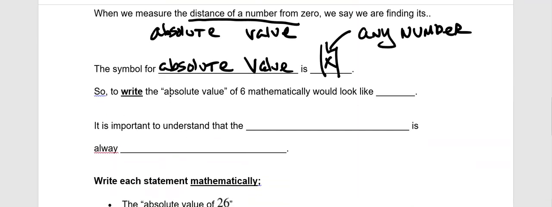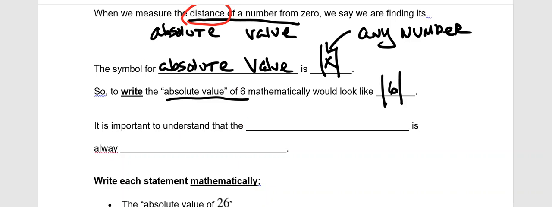So if I want to take the written phrase, the absolute value of 6, I'm going to put those two bars, I'm going to put 6 in the middle. Okay, so that says mathematically find the absolute value of 6. And it's important to understand that because we're measuring distance, distance is always a positive value.